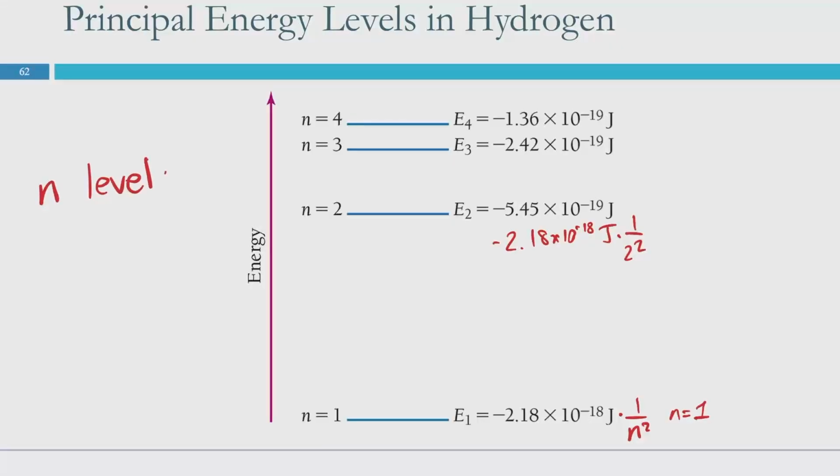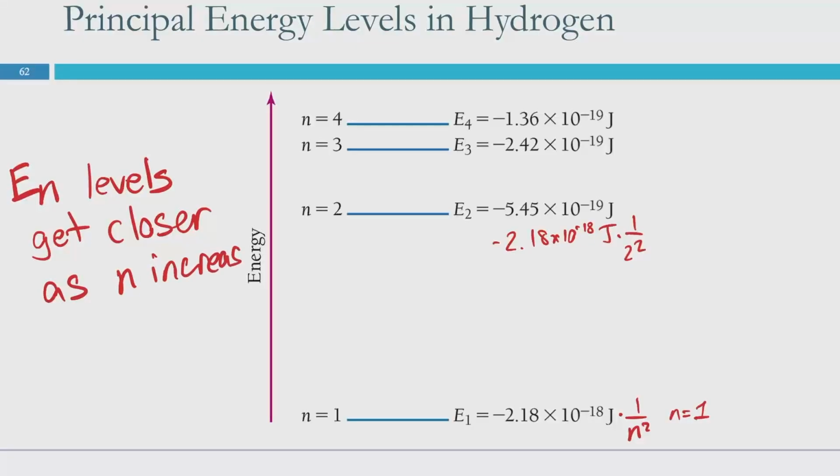The n levels, the principal quantum number levels, get closer. I guess the energy levels of those get closer as n increases. That's an important distinction for these.